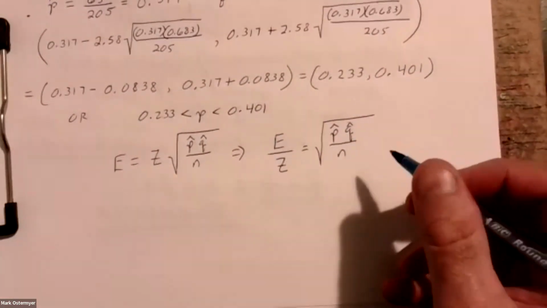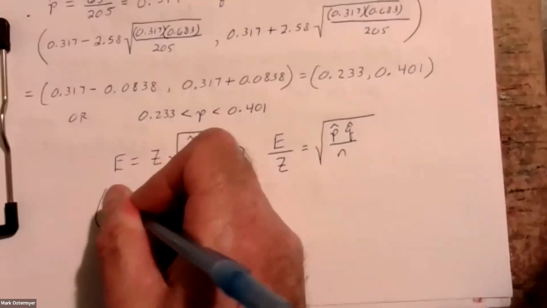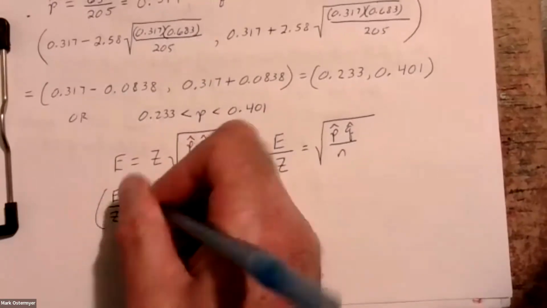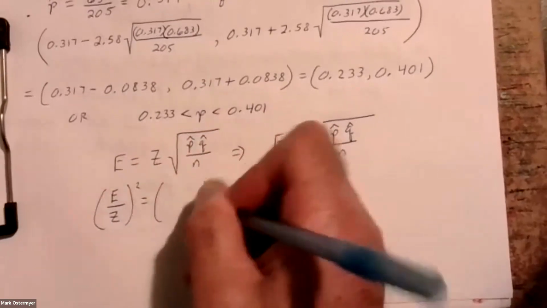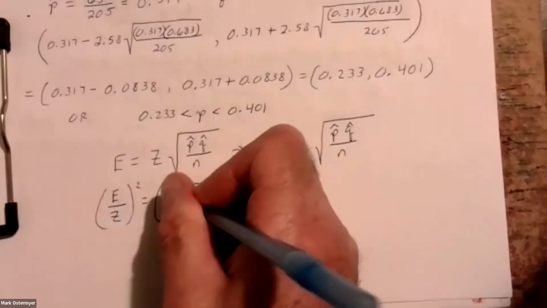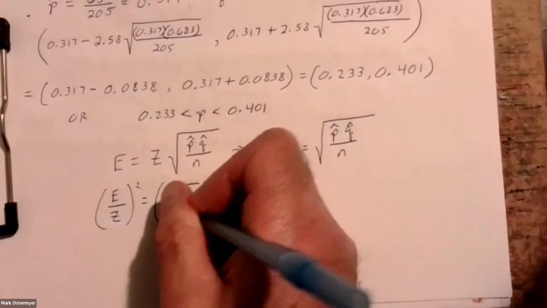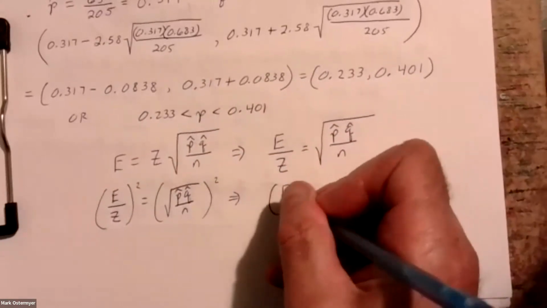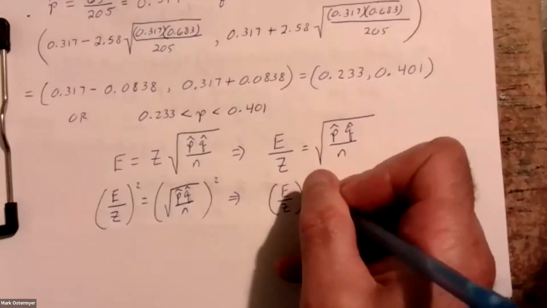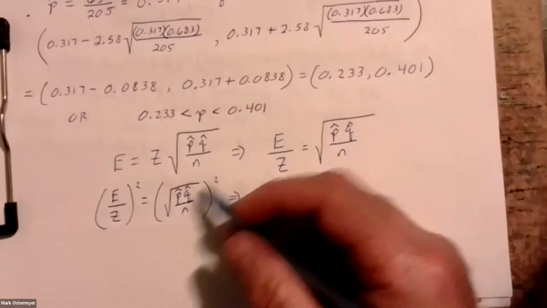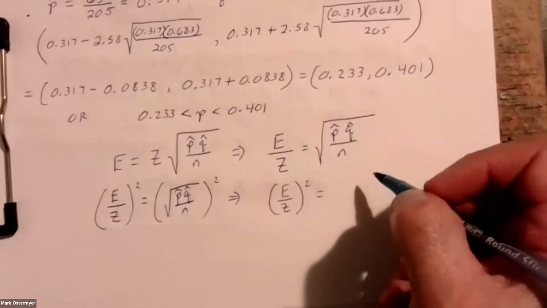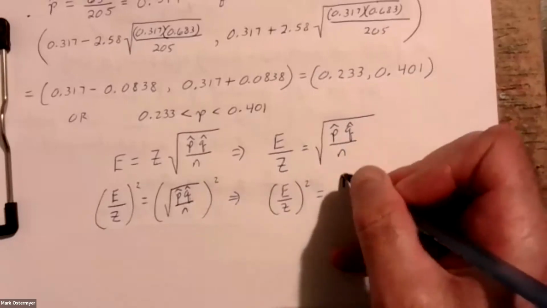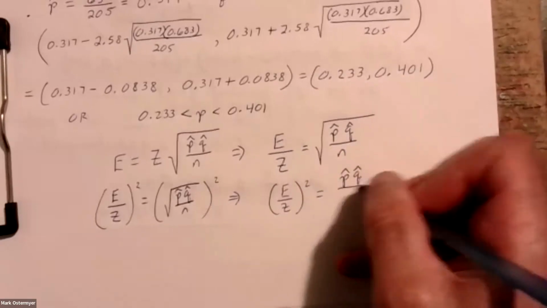So we're going to square both sides of this equation. Therefore, we have E over z, squared, is equal to, when you square a square root, the square root disappears, so we're left with P hat times Q hat divided by n.